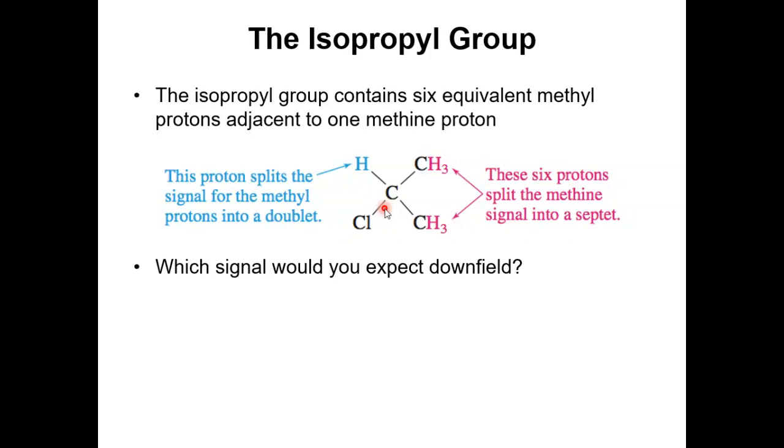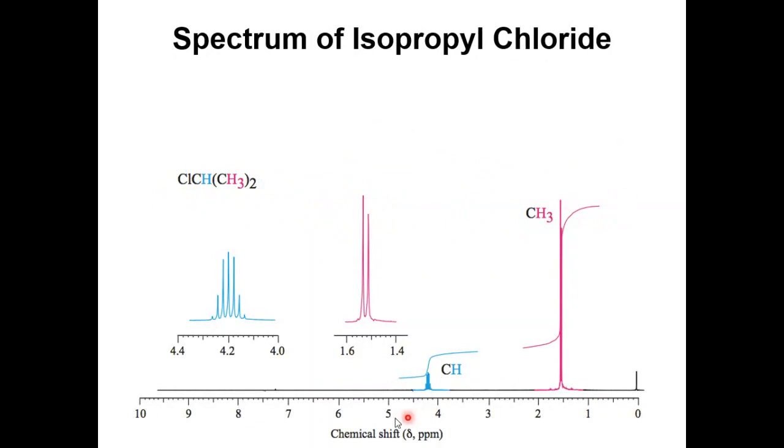Very good, higher, much higher, because those 6 protons are further away from the electron withdrawing chlorine. So that is the rough shape you will be looking at. The blue proton, the smaller peak, has a much higher chemical shift value, 4 point something, and the bigger peak is 1.5 something.